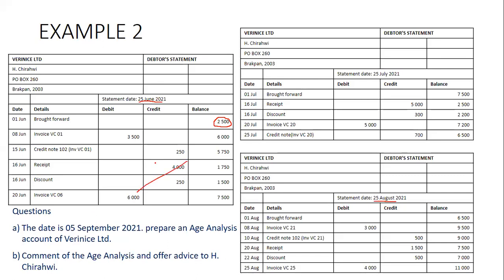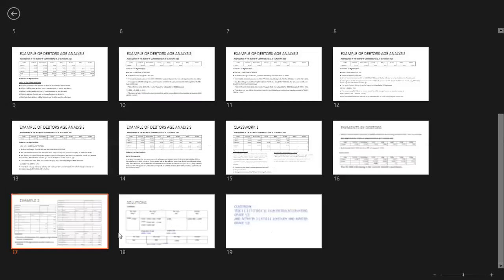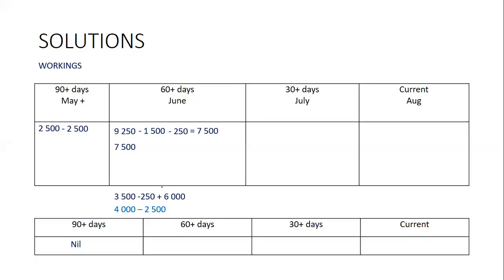They've been distributed. We have the 5,000 that has not been distributed. So we're going to first distribute the 5,000. Remember, at the moment, H. Chirawi is owing us 7,000. So that whole 5,000 will be distributed, and this whole 3,300 will be distributed because the final amount goes with the discount. So the whole amount will simply be distributed to the June credit sales, or the amount that she was owing in June.